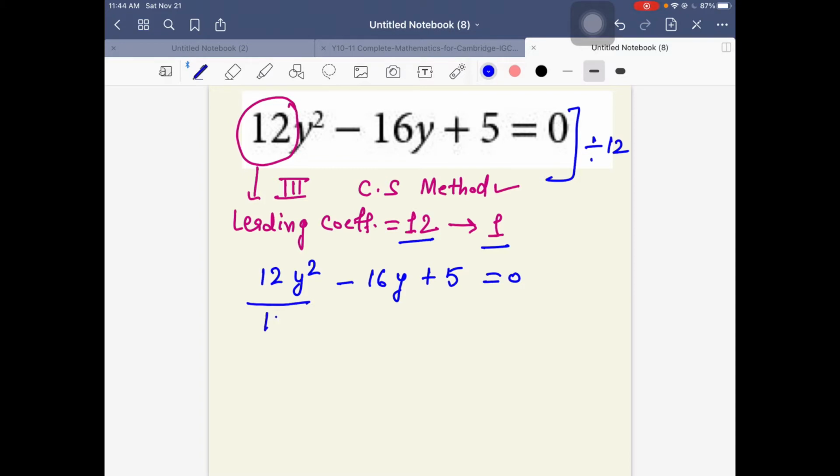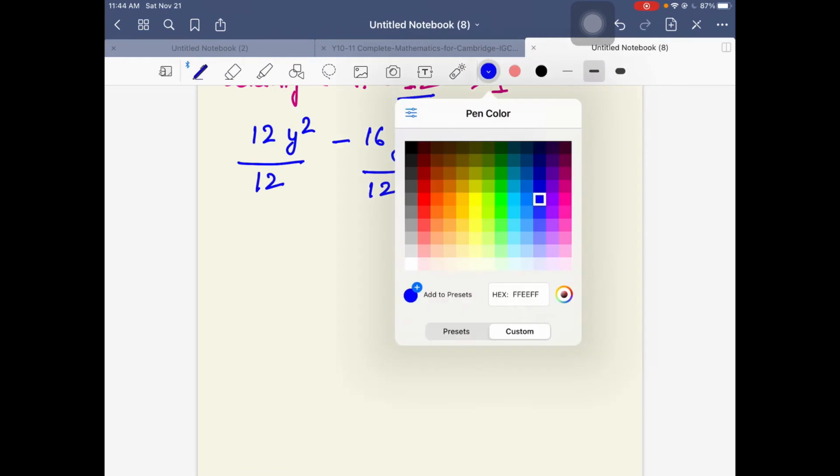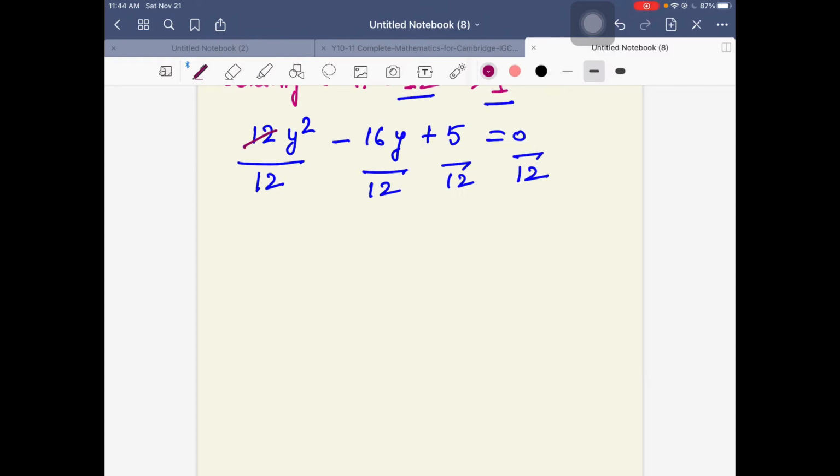Dividing the equation means dividing each term by the same number, in this case 12. On the right side, 0 also is divided by 12. Doing this, we get the modified equation. 12 cancels, we get y squared minus 4 by 3 y plus 5 by 12 equals 0, since 0 by 12 is 0.